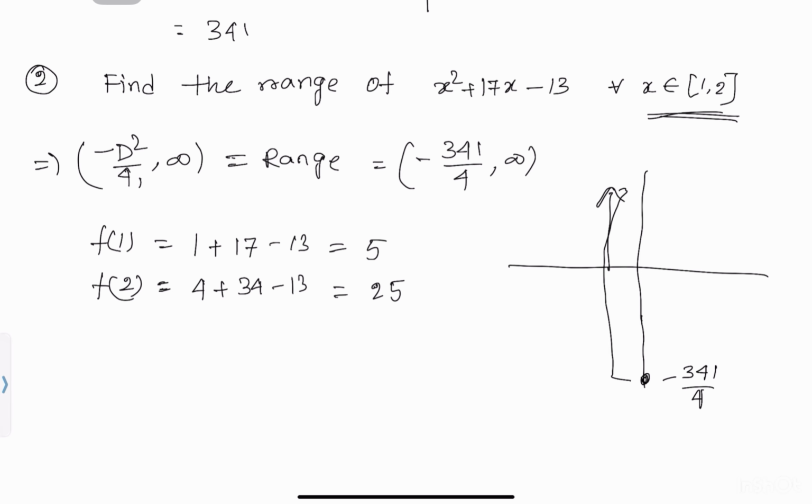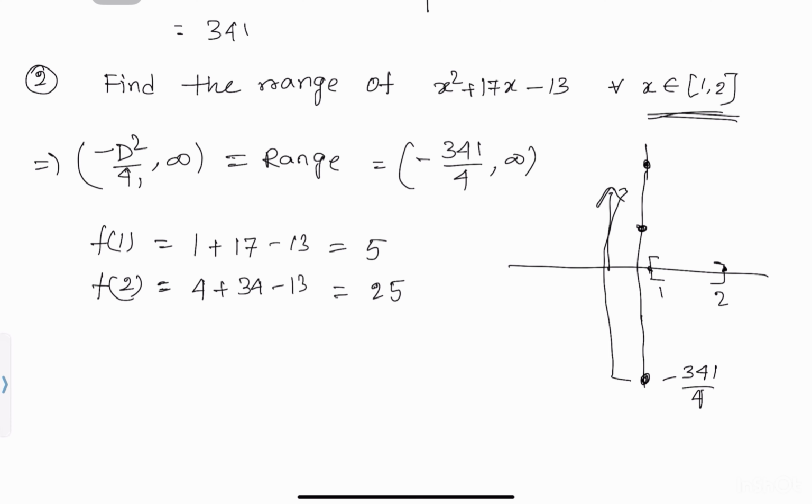But look here, when x is the whole real number, the actual range was minus 341 by 4 to infinity. But when we restrict our domain, you have to take only 1 to 2. Assume this is 1, this is 2. In this domain, the functional value corresponding to 1 is 5, and corresponding to 2 the functional value is 25. Assume here 25.